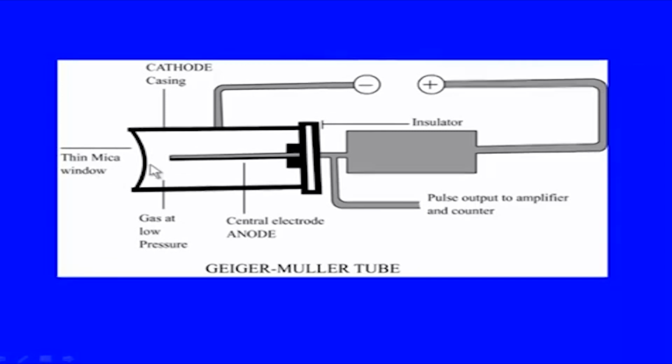As radiation comes in, it ionizes the gas, and the positively charged atom and negatively charged electron will move towards the respective electrodes. This is how the radioactivity will be measured or recorded.